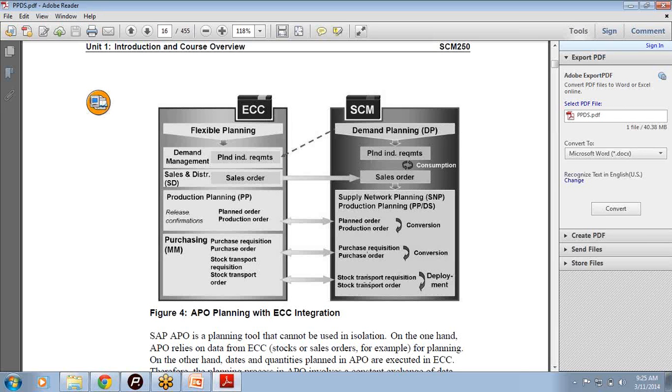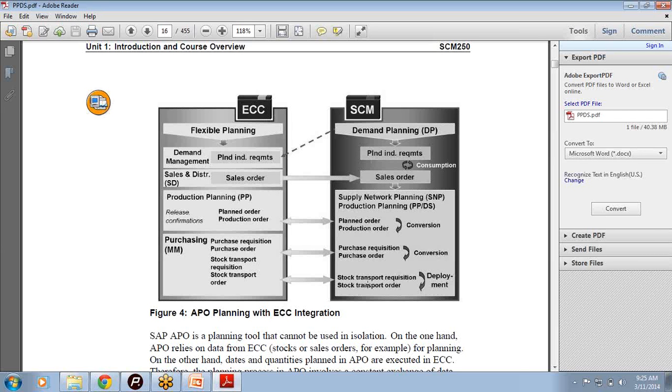Okay. And stock transport requisition basically means, within my company, I have got a supply chain. For example, I have got a factory, then various warehouses, then distribution centers, and then customers. So there is a complete chain.